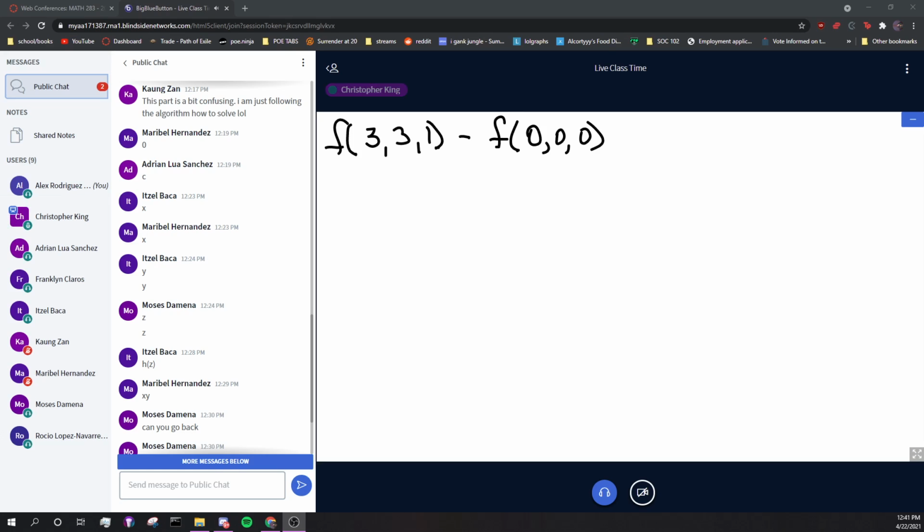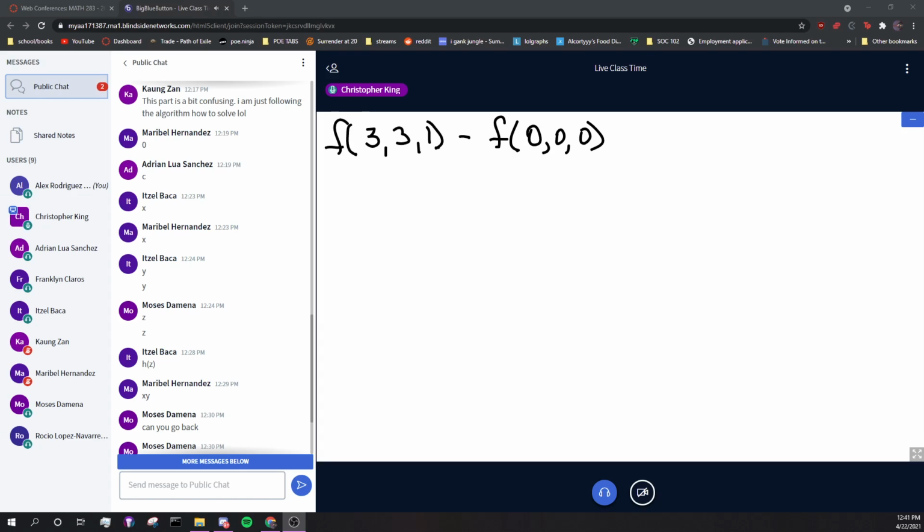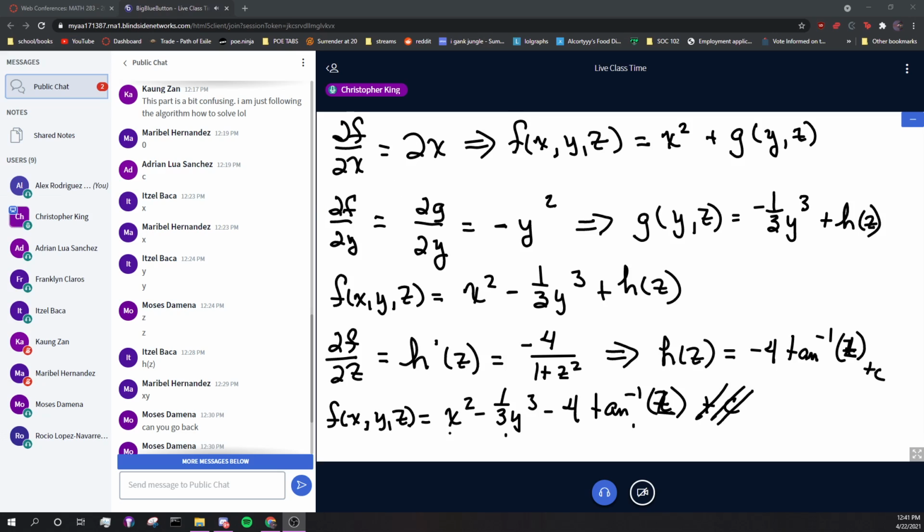Okay. So if I deal with the first one, if I put in 3, 3, 1, if I put 3 here, it's going to be 9. 3 here, it's going to be 9. 1 here, I'm going to get pi over 4. So it's going to be 9 minus 9 minus 4 times pi over 4, minus.